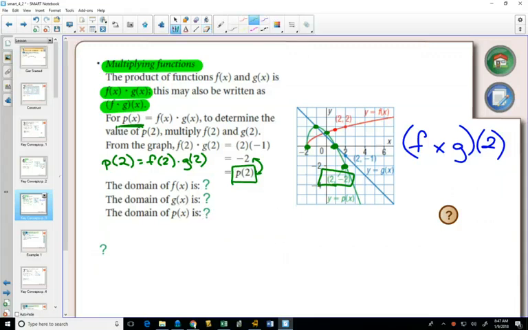So those 2 green points that I just drew, this one here and this one here, would be the next 2 points that I would graph if I was multiplying those 2 functions together. What do those 2 points have in common? One of the graphs has a value of 1.